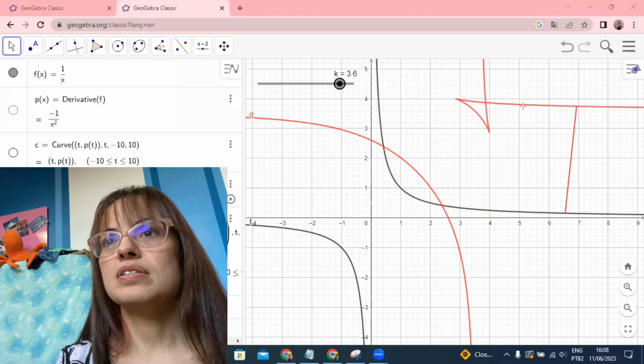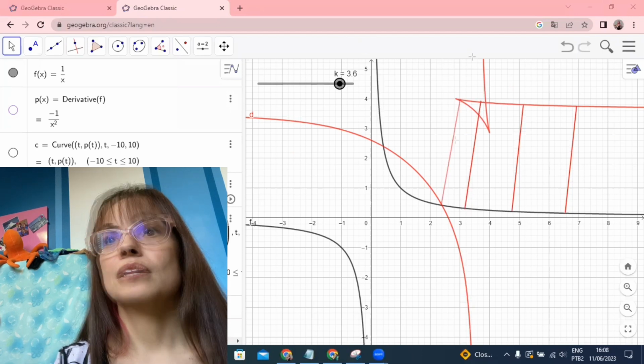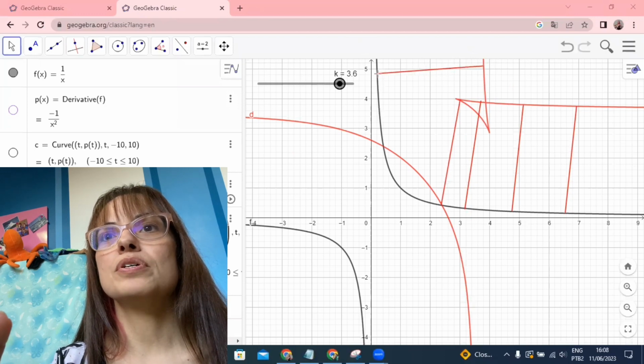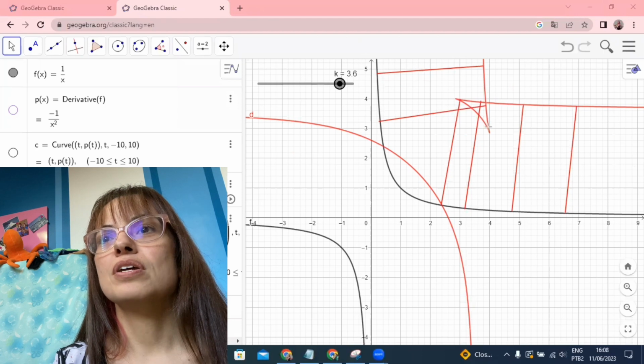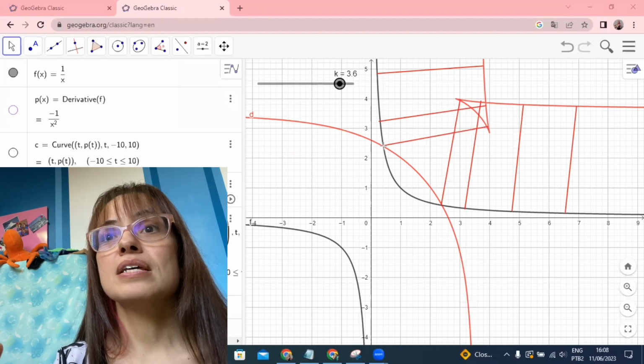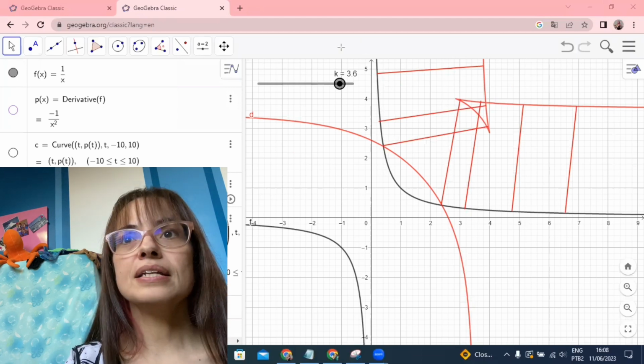So you can see that the distance is correct here, here, here. Of course, I'm doing this by eye, so I'm not being very precise, but you can believe me, right? Most of these distances that I'm drawing are correct. They are perpendicular to the function, so they are normal lines.